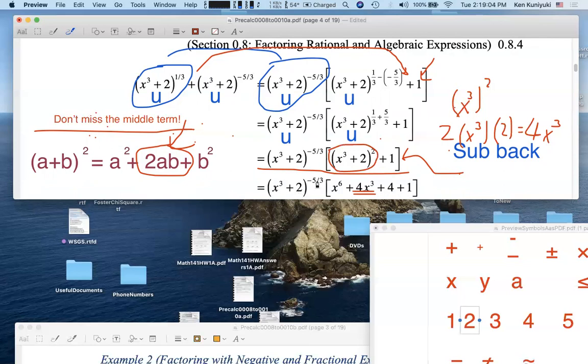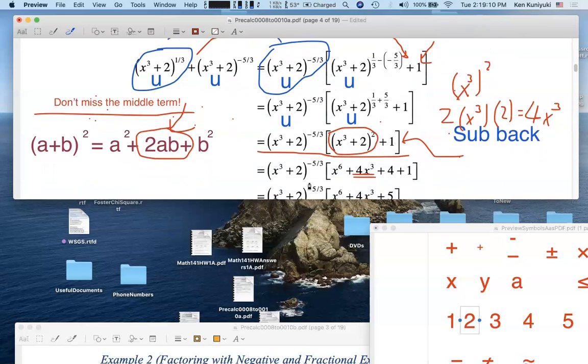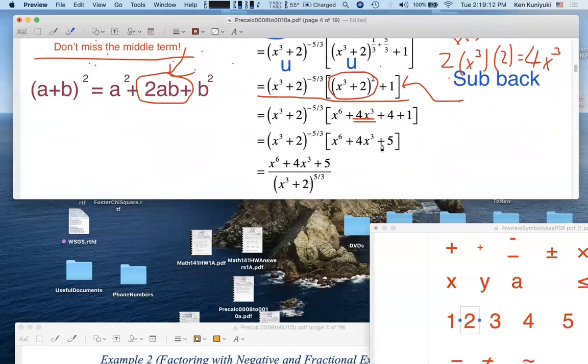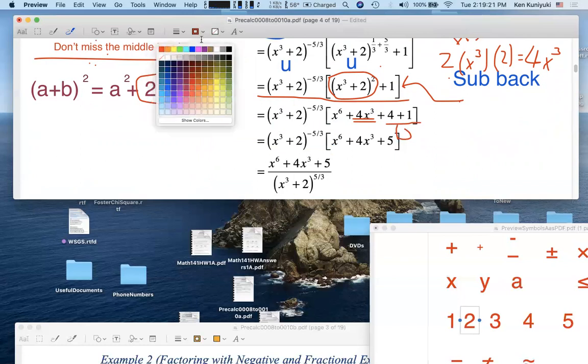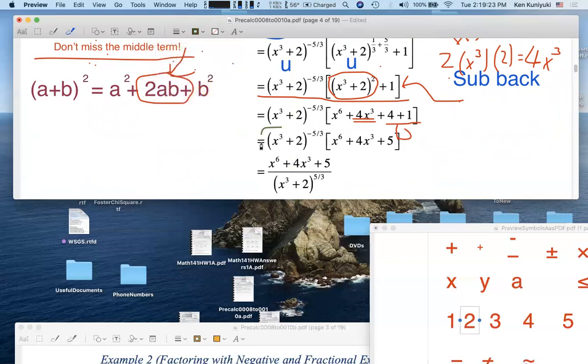And what can we do over here? We don't want negative exponents in our final answer. How can we take care of this? Well, this over here can roll into the denominator as x cubed plus 2 all to the positive 5/3.